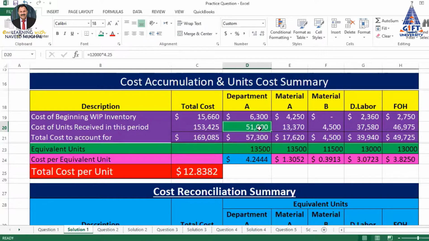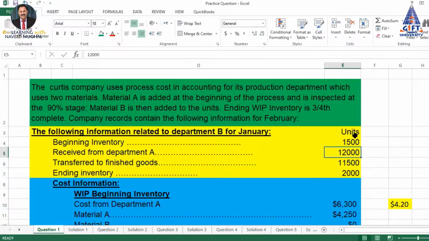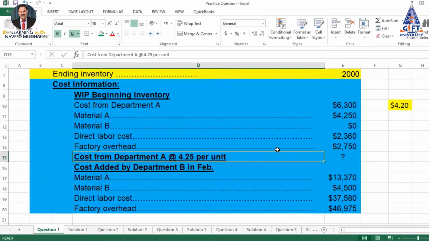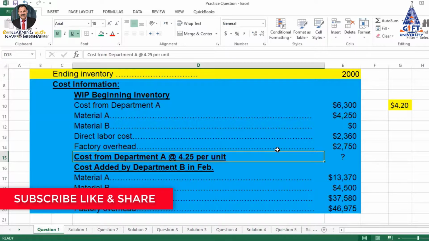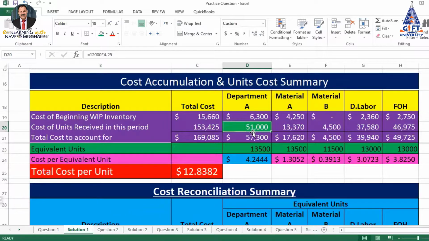This figure is shown over here. You will use this figure. Otherwise, in your question, 12,000 units were received and 4.25 is the cost per unit. 4.25 multiplied by 12,000 is 51,000.